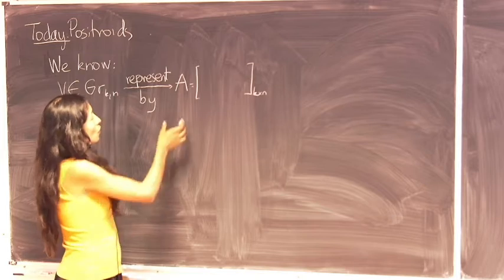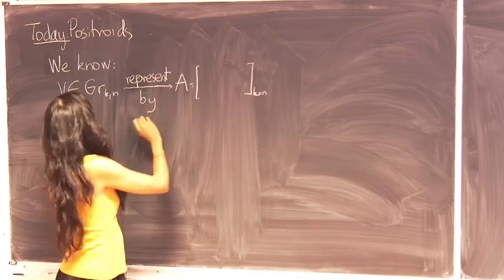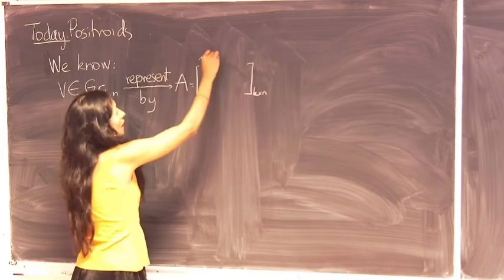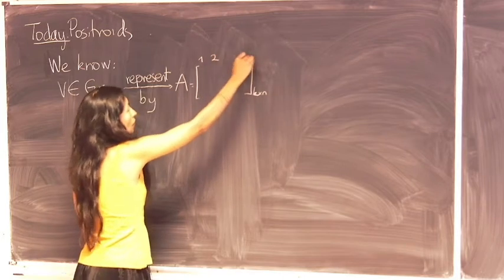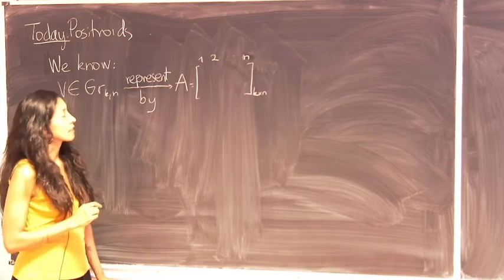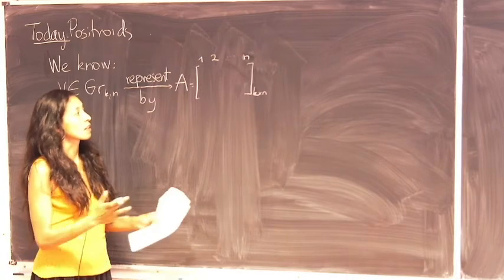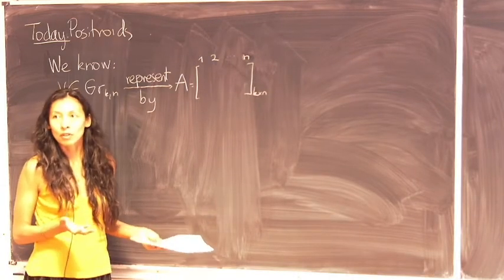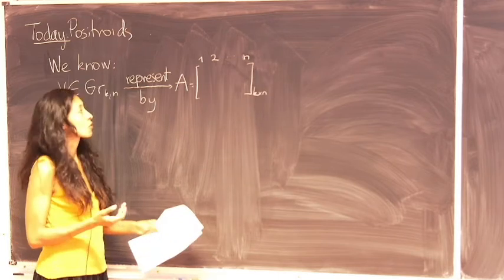This matrix has n columns, and we know that these columns, along with the linear independence relations among them, give rise to a matroid.